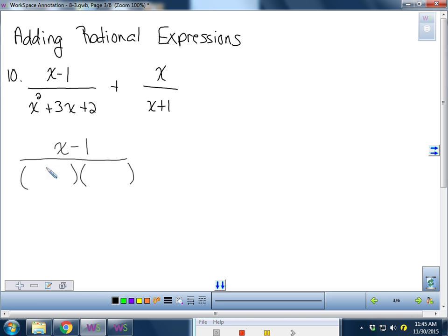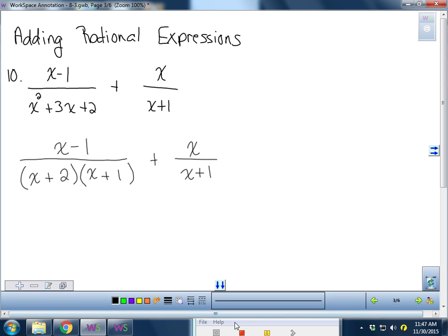Plus in back means 2 of what's in front. I will have x and x. And what multiplies to make 2 and adds to make 3 would be 2 and 1. And over here, I can't factor that denominator, so we'll just leave it as is.